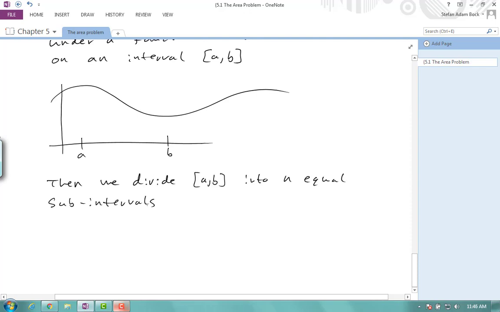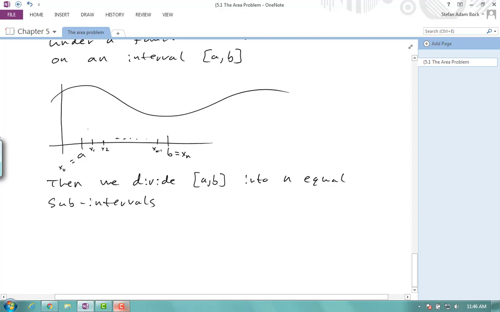And we'll do this by labeling a bunch of equally spaced extra numbers in between them. So I'll have an x sub 1, I'll have an x sub 2, dot dot dot, up to x sub n minus 1, and I'll say b is equal to x sub n. And I'll say a is equal to x sub 0 if I need it.